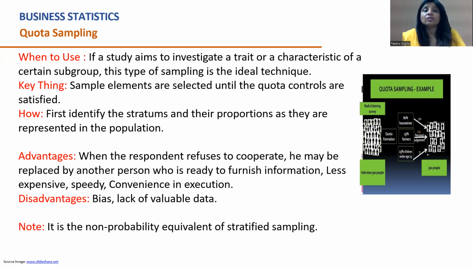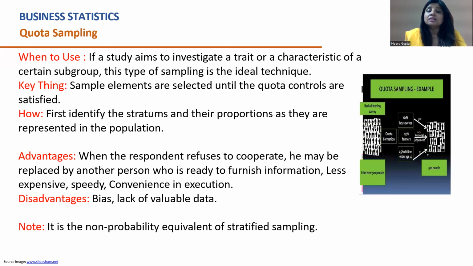What is the main thing of quota sampling? Sample elements are selected until the quota controls are satisfied. First identify the strata and their proportions as they are represented in the population. Advantages: when a respondent refuses to cooperate, he may be replaced by another person who is ready to furnish information.